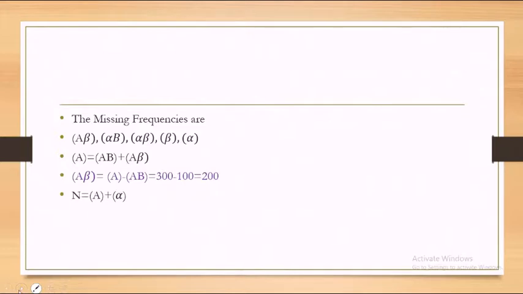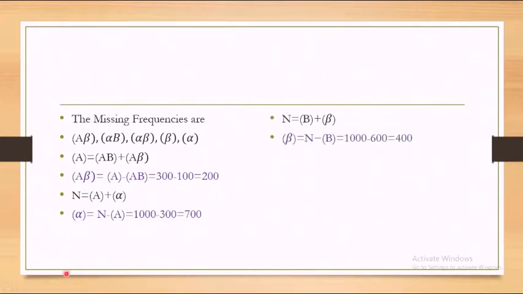Then next, you have to find out α. For that I'm going to take the formula N is equal to A plus α, and you get α is equal to N minus A, which is equal to 1000 minus 300, that is 700. Now I have to find out β.